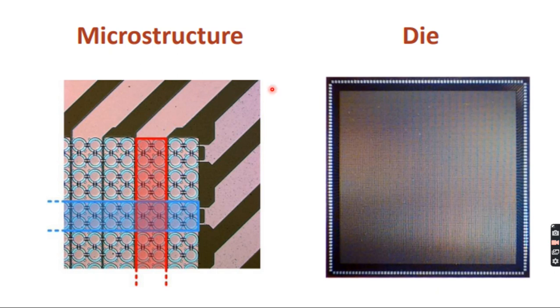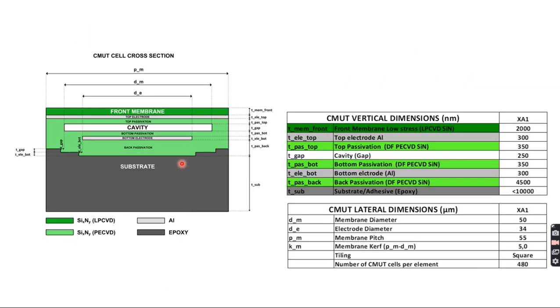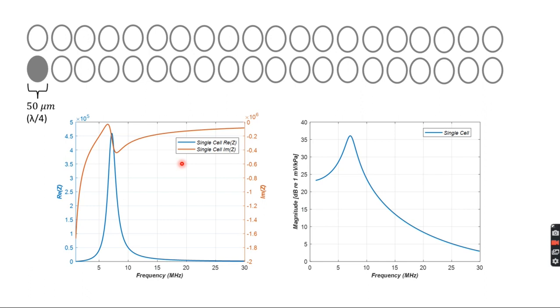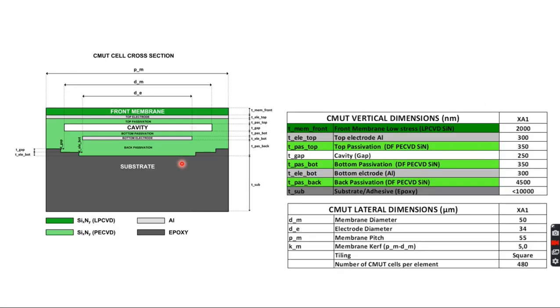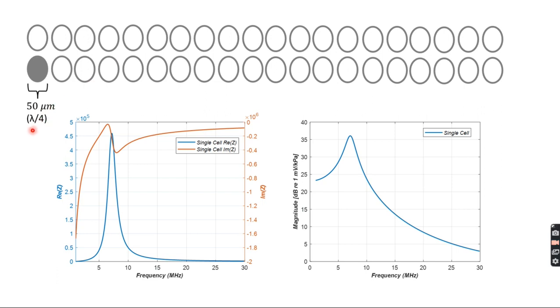So I'll quickly show you the simulation of these 480 cells combined on a PZT stack, what we are going to experience in practice based on the predictions of the circuit models, using the same dimensional parameters as I've shown before for a single cell. Then for a 50 micrometer aperture size membrane diameter, which is about a quarter wavelength at 8 megahertz, the response is very clean.